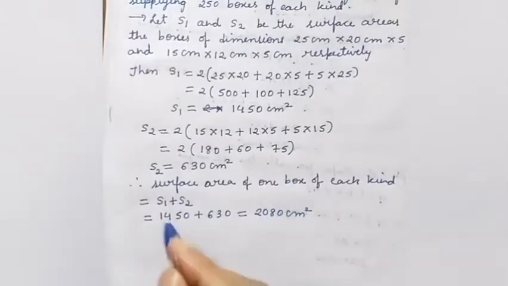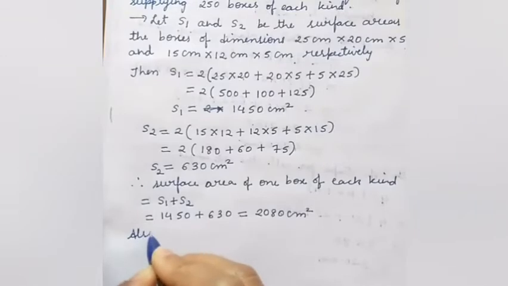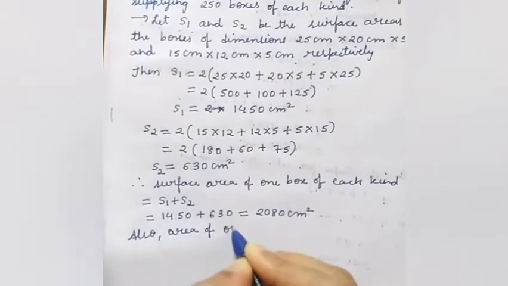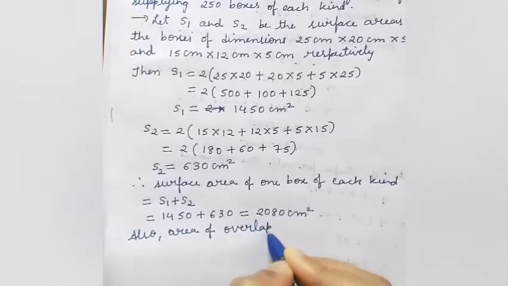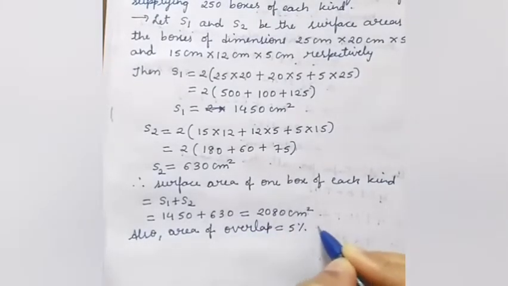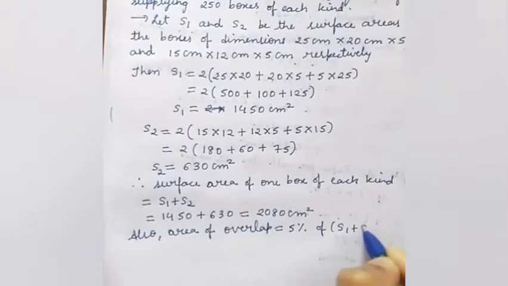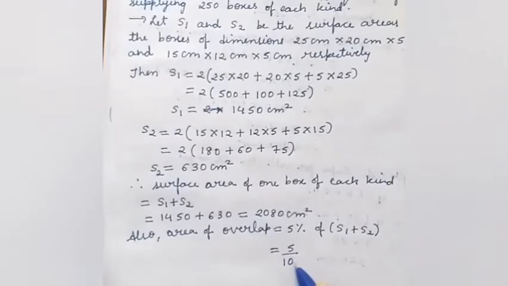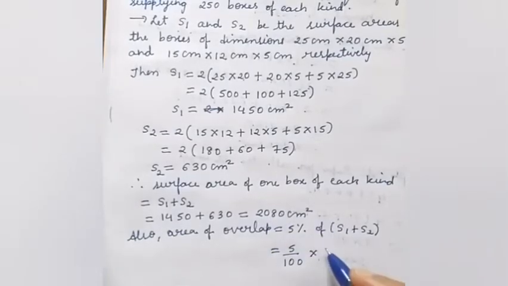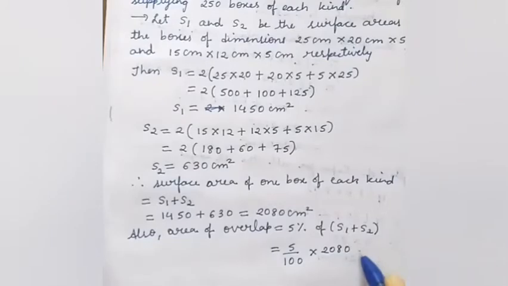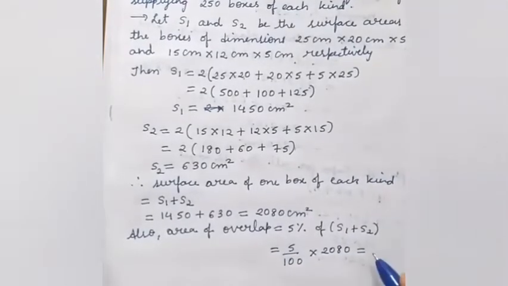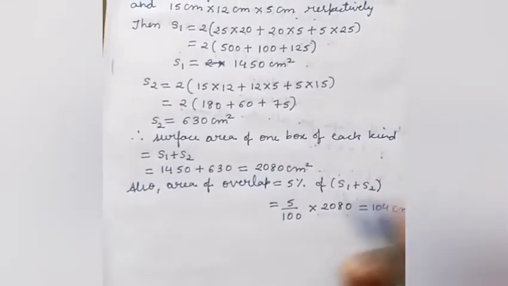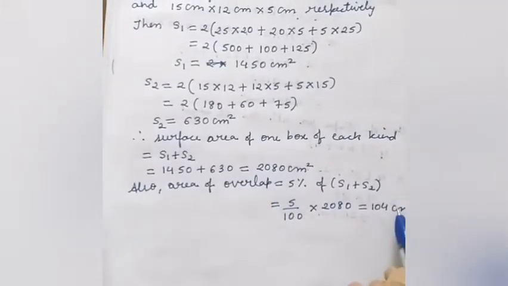So area of overlap is equal to 5% of S1 plus S2, total surface area of the two boxes. That is 5 divided by 100 into S1 plus S2, which is 2080, which will be equal to 104 centimeter square. So overlap of 5% is 104 centimeter square.